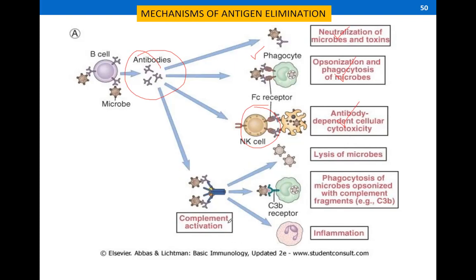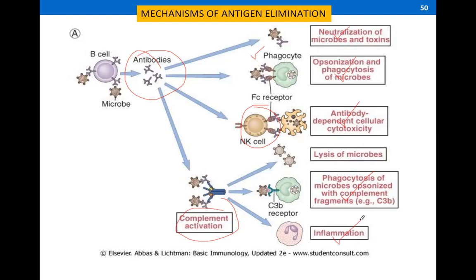So it can lyse your microbes, it can be involved in phagocytosis of the microbes, and it involves your inflammation. And the membrane attack complex, that's the product of our complement activation. And there you go, you have your complement system.